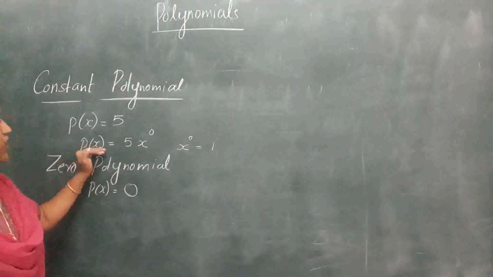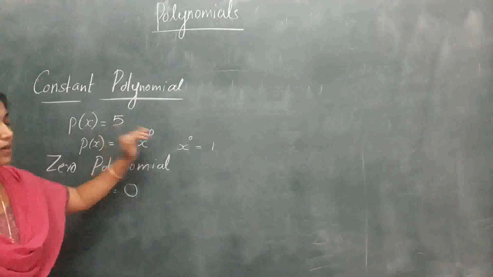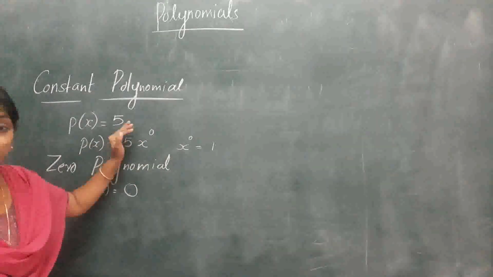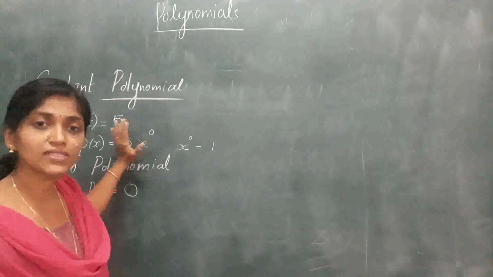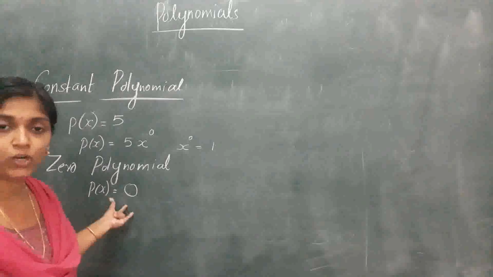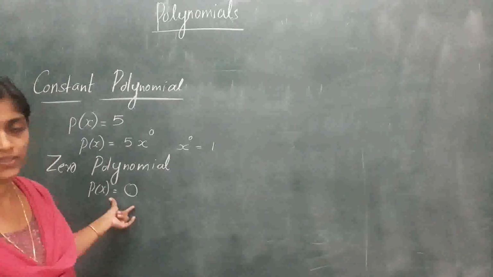Now we know the degree of a constant polynomial is 0. Now we'll see what the degree of a 0 polynomial is. The degree of a 0 polynomial is not defined.